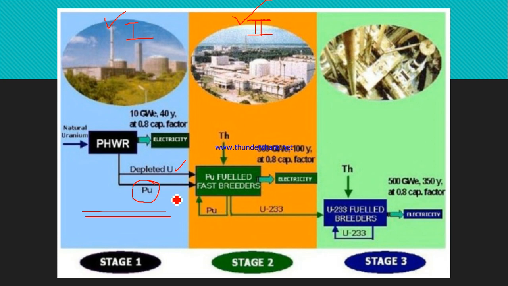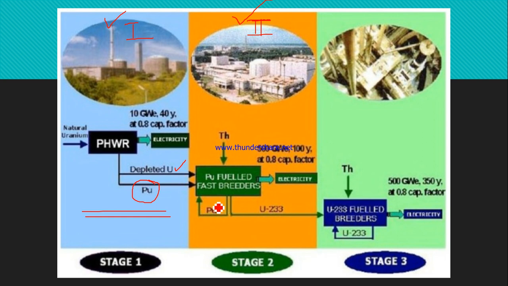So the byproduct of the pressurized heavy water reactor we will be using as the fuel in the breeder reactor. This plutonium-239 will be the fuel.